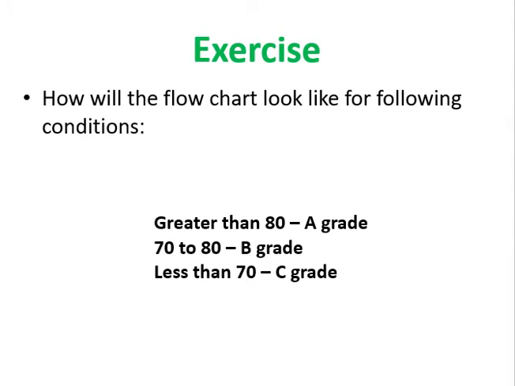Here is the exercise for you. You have to do it. How will the flowchart look for the following condition? Greater than 80 may be A grade, 70 to 80 B grade, less than 70 C grade. This is your assignment that you have to write.